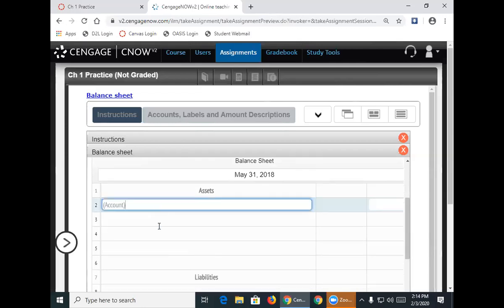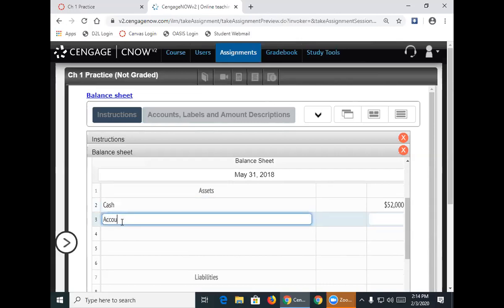Then, as you can see, we're going to list all of our assets first. Okay, so I'll go through this kind of quickly just because I wanted to give you an idea. Again, for your homework, but this won't be on the test. I always start with cash. Cash is 52,000.